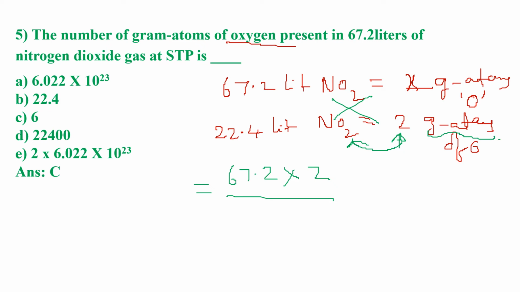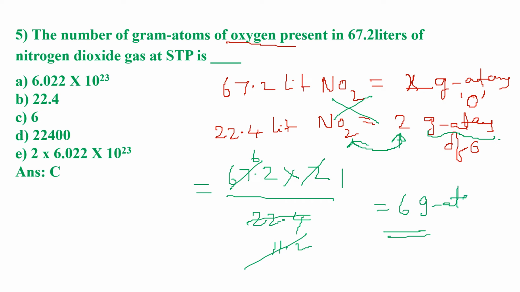So 67.2 into 2 divided by 22.4, that is 6 gram atoms. 67.2 liters of nitrogen dioxide contains 6 gram atoms of oxygen. Answer is C.